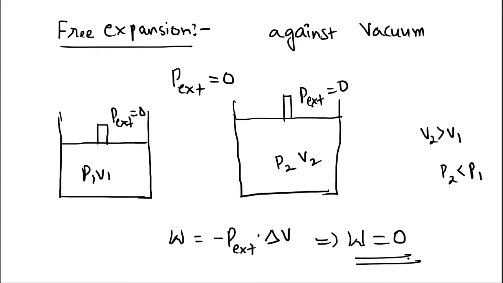That means the gas is expanding freely without taking energy from outside. So why? Because in an isothermal process there is no change in the internal energy. We know delta E is equal to 0 for an isothermal process, and we also learned that W equals 0. Now let's plug this into the first law of thermodynamics.